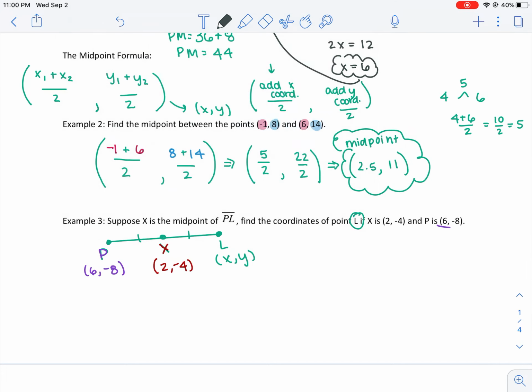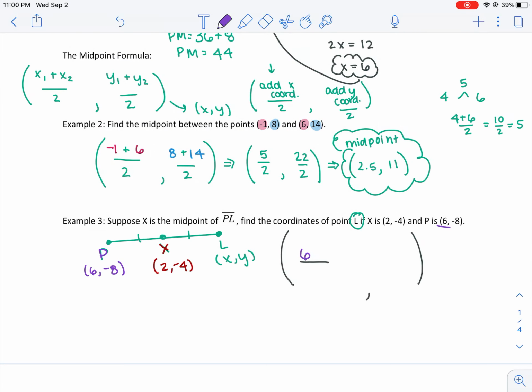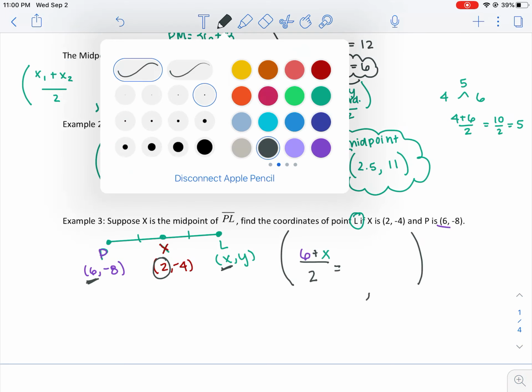So if I have my midpoint formula, and I know I'm adding my x's together, my x values of my 2 endpoints are 6 plus x, because those are my x values, divided by 2. But I know that that should be equal to 2, because that's my midpoint.